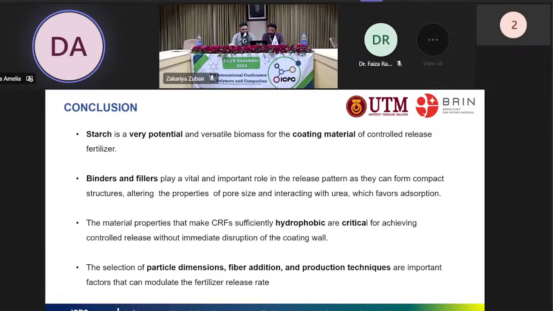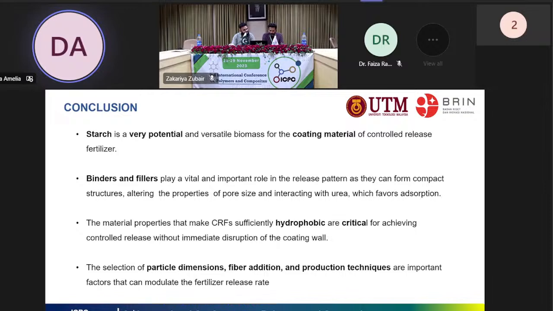The material properties that make CRF sufficiently hydrophobic are critical for achieving controlled release without immediate disruption of the coating wall. The selection of particle dimension, fiber addition, and production technique are important factors that can modulate the fertilizer release rate.